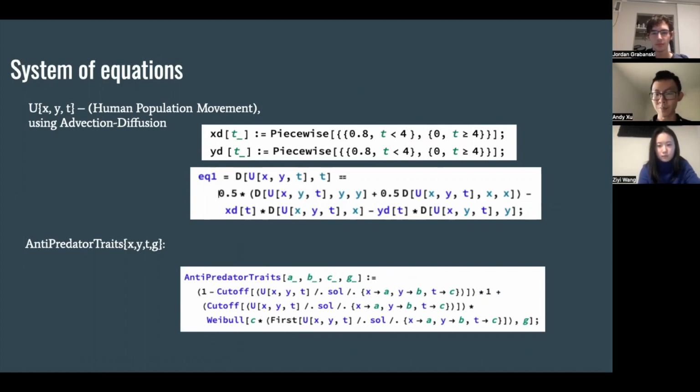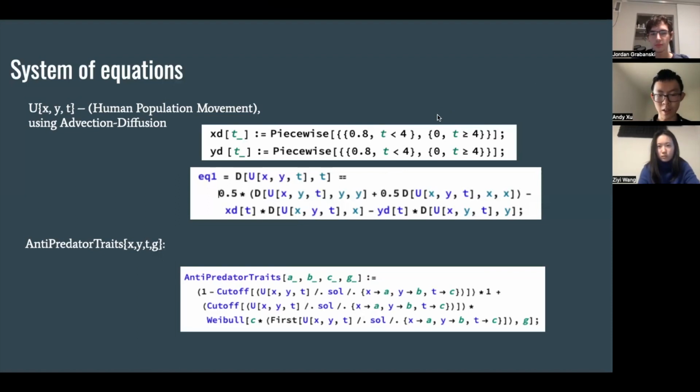And then for the advection equations, we set it to be a piecewise function, so that when t is less than 4, it's 0.8, but when t is greater than or equal to 4, it's 0. This gives the effect that after time t equals 4, the advection stops. So the only movement of the humans is diffusion, and the humans will start diffusing from the middle.